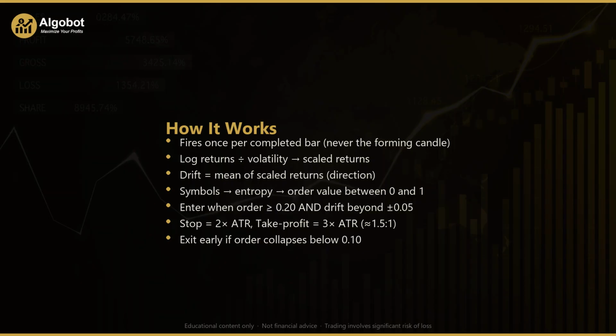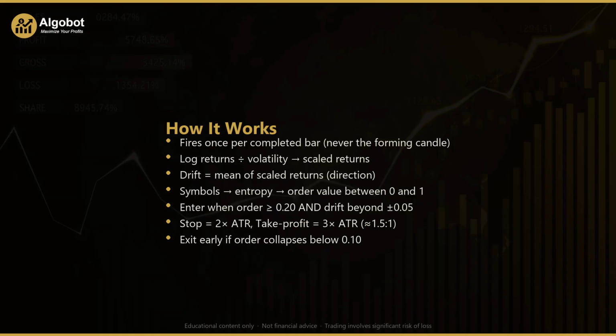It averages those scaled returns to get the drift. Then it symbolizes each return into one of the four buckets, using the strong move threshold, set to 1 by default, to separate strong moves from mild ones. From the counts of each symbol, it calculates entropy, and from entropy, it derives the order value between 0 and 1.